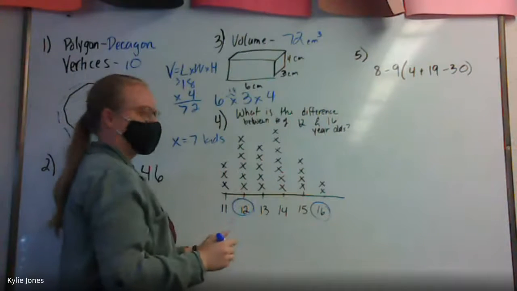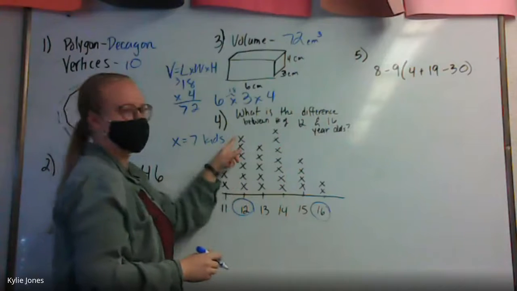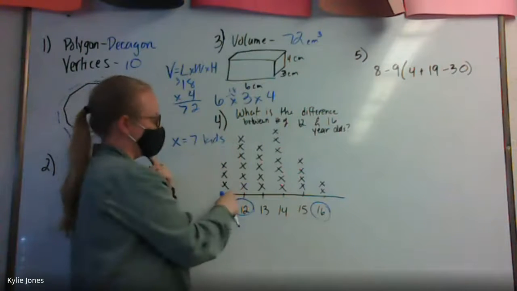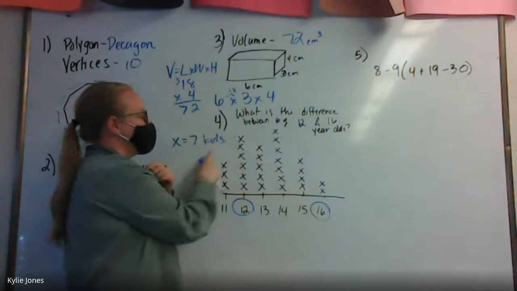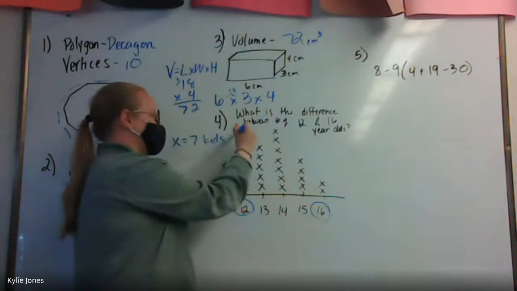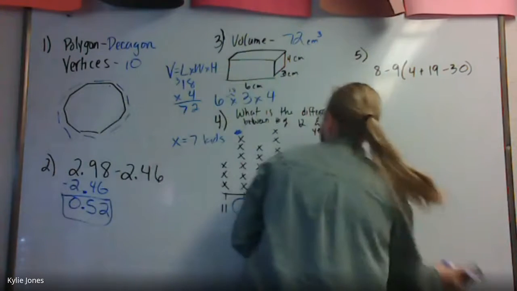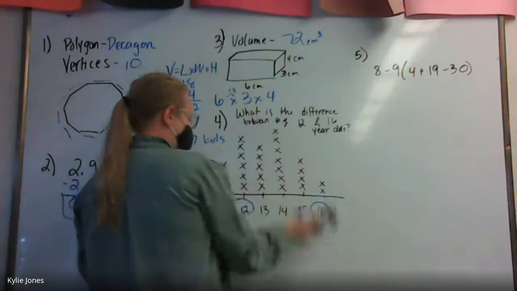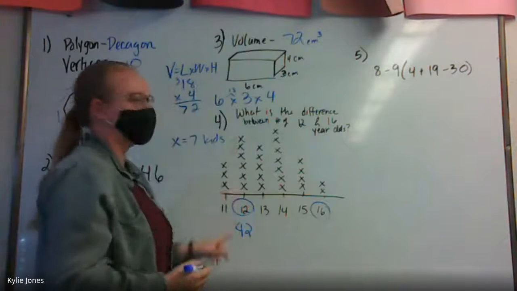We need to take the number of X's, multiply it by 7 kids. So we have 1, 2, 3, 4, 5, 6 X's, but each one is 7 kids. So this is 42 kids that are 12 years old.